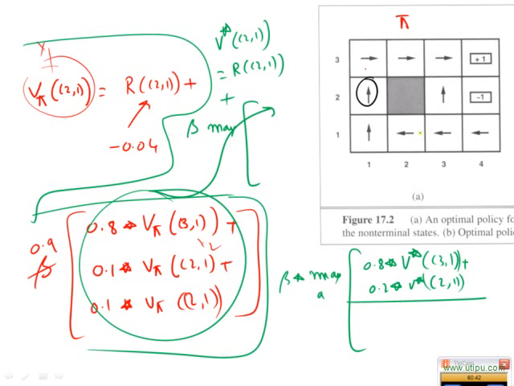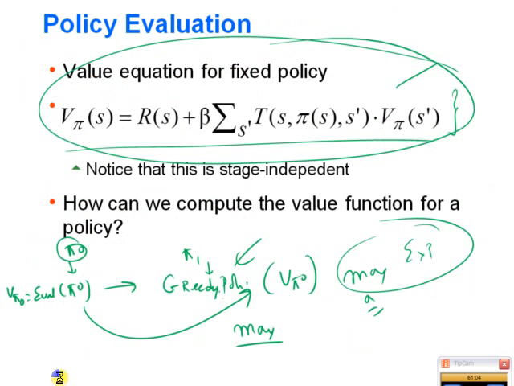All that does is make your value approximation slightly better. Then you see what the policy is here: you take the greedy policy corresponding to that value function and continue. This is what's called modified policy iteration.